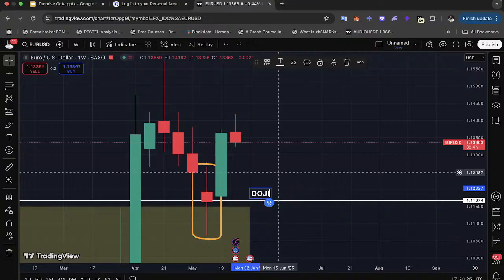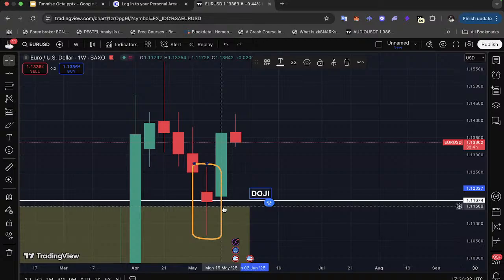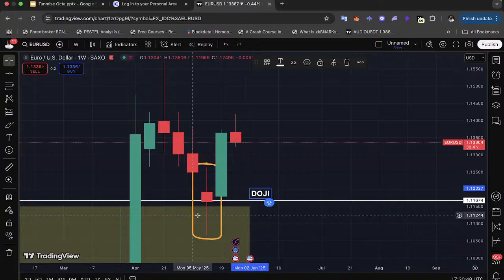So when you see a doji appear on a support zone, after a consistent downward movement, price breaks out and then it appears on a support zone, then we get to know that price would most likely continue going higher. There's a higher probability that price would continue going higher when you see a doji at a support zone.